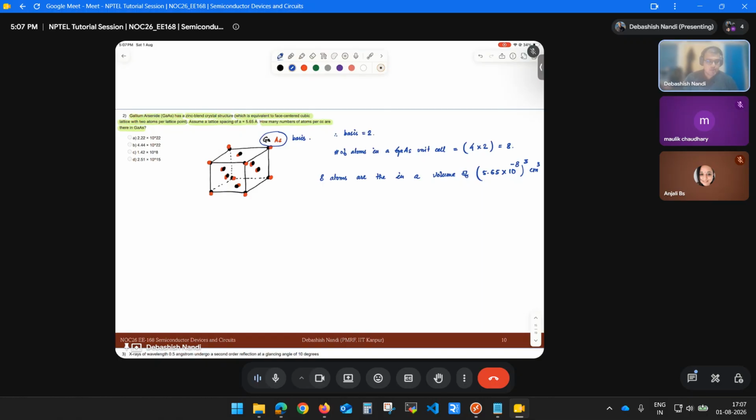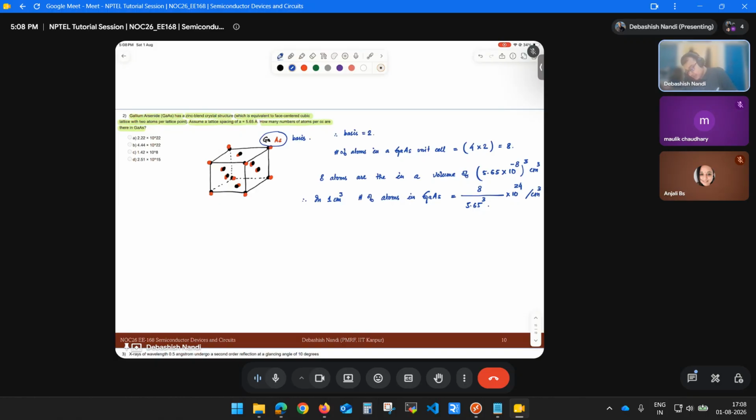Angstrom to meter is 10 to the power minus 10. Then they want us to find out, in 1 centimeter cube, the number of atoms in gallium arsenide. That will simply be your 8 over 5.65 cube times 10 raised to 24.